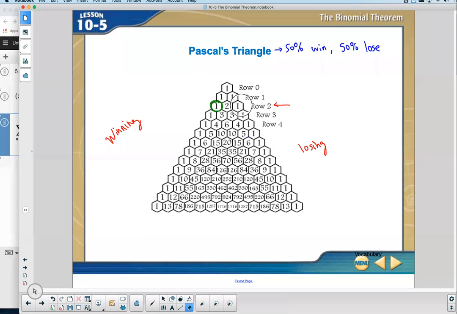I'm gonna do this one more time, and let's see if you can walk me through if you're following the logic. If we were to play the game 3 times, this row right here is saying, for every one person who wins all 3 games, so this person wins all 3.